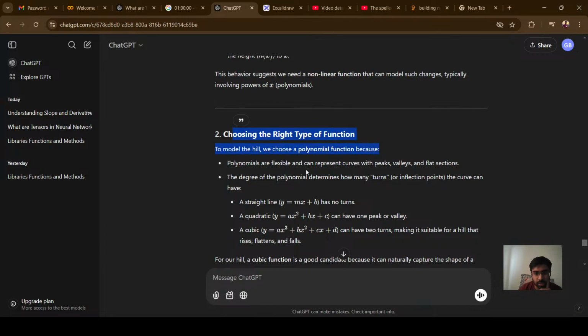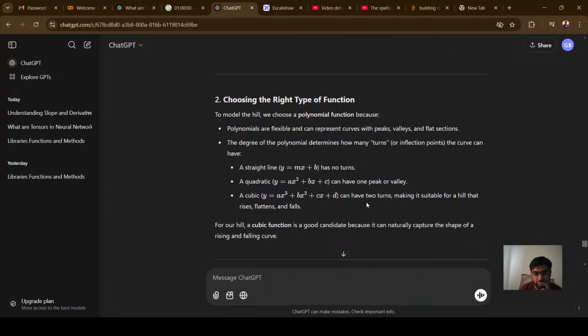Choosing the right type of function. To model the hill, we choose a polynomial function because polynomials are flexible and can represent curves with rising and flat directions. The degree of the polynomial determines how many turns the curve can have. A straight line y equals mx plus b has no turns.